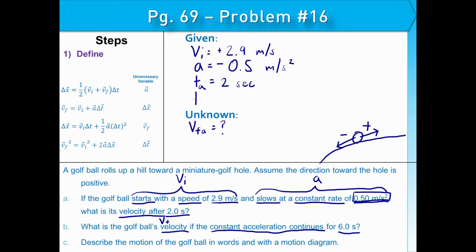I'm given time, with a little subscript B, and it's 6 seconds. The wording is similar to part A. I'm looking for velocity if the constant acceleration continues, so I'm still going to use this acceleration. So I'm going to put final velocity for B equal to unknown.